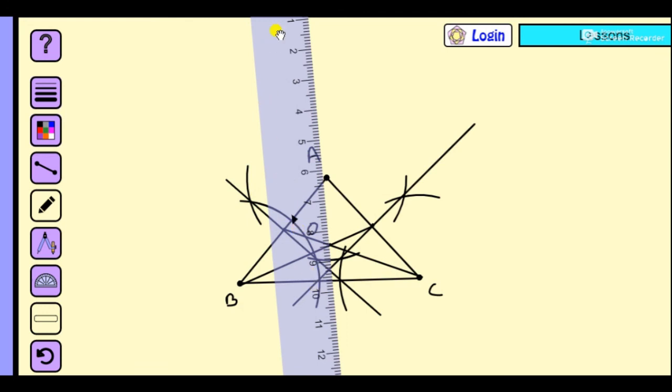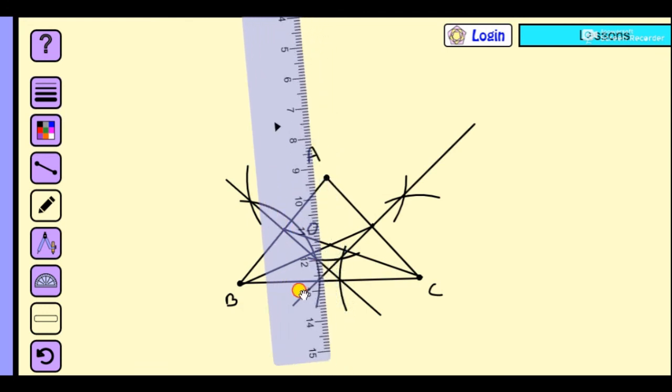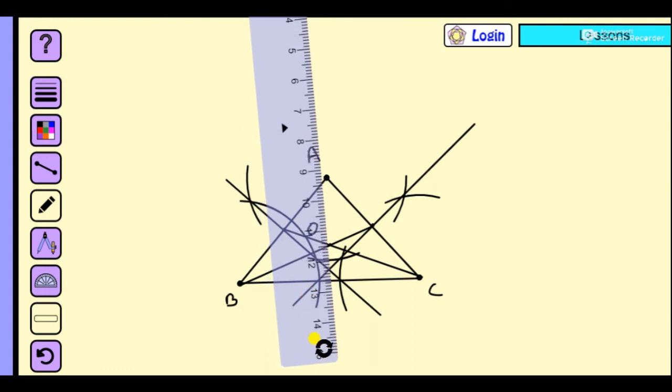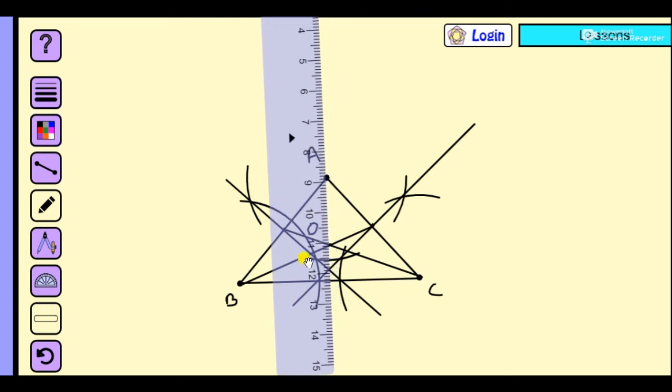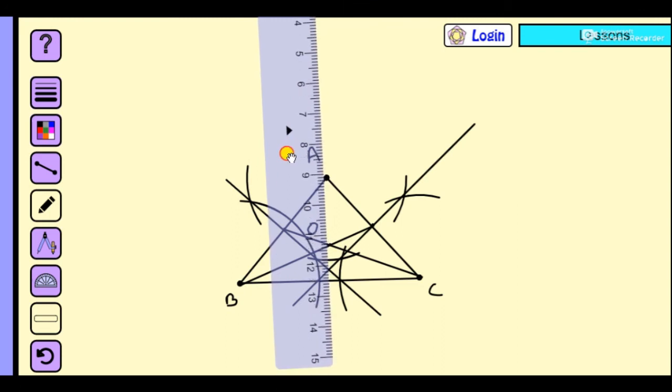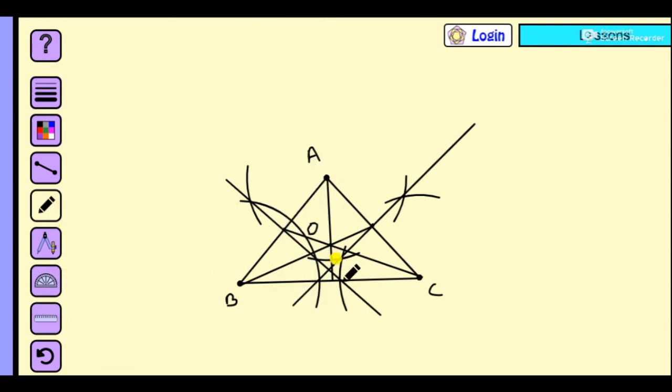So these are the medians. So you can say it is the median first, it is the median second, and that is the median third.